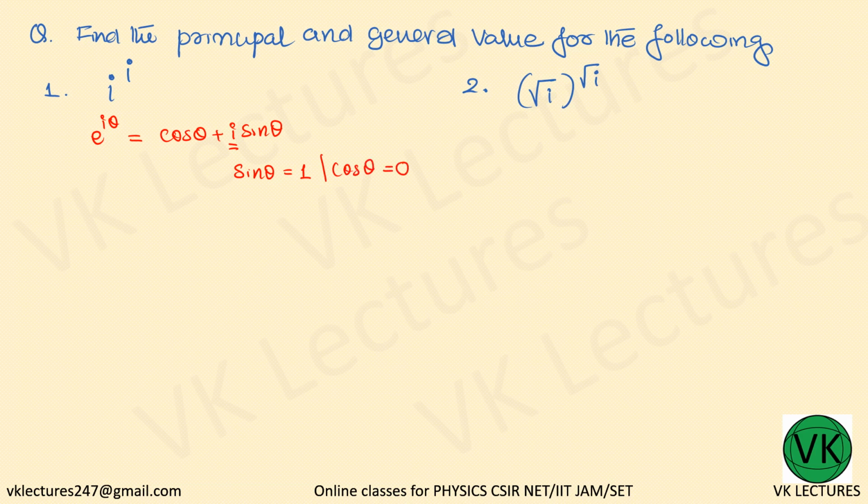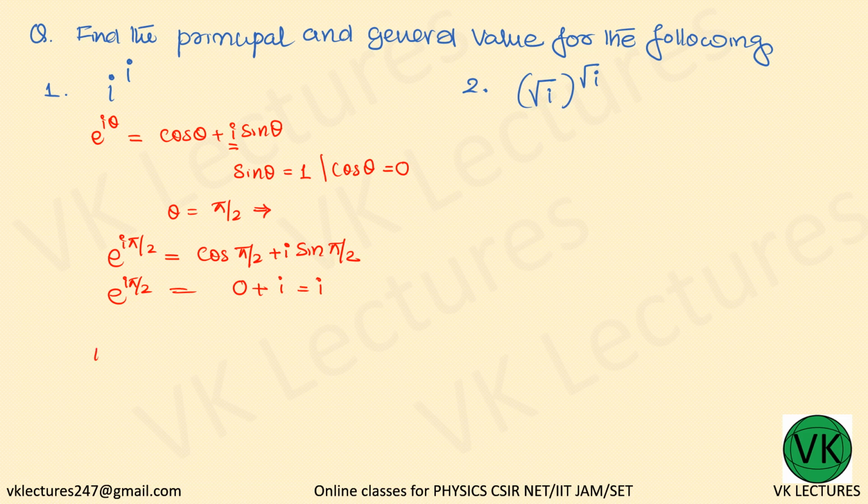When theta equals pi by 2, e to the power i pi by 2 equals cos pi by 2 plus i sin pi by 2. Cos pi by 2 is 0 and sin pi by 2 is 1, so that's equal to i, which means e to the power i pi by 2 equals i. Now we have got what i is.